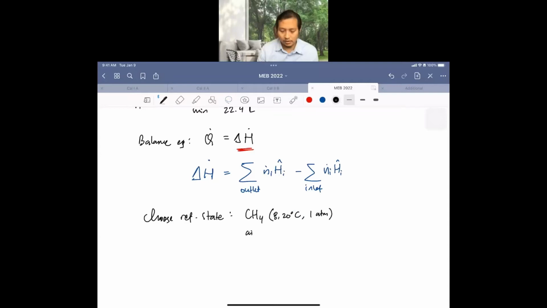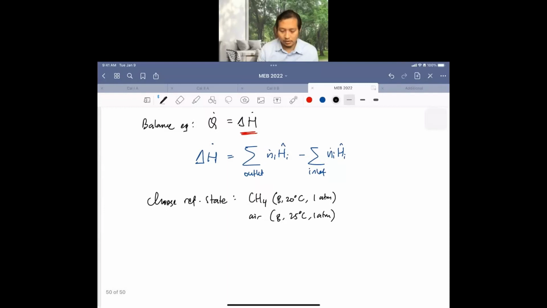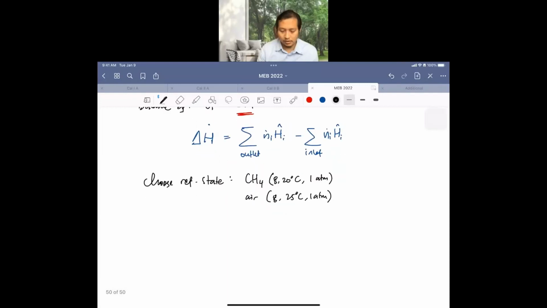And for air, it's also gas, 25 degrees Celsius for the STP, and then 1 atmosphere. And we could write down the table, CH4 and air. This will be the mole, the specific enthalpy, the mole, and enthalpy outlet.